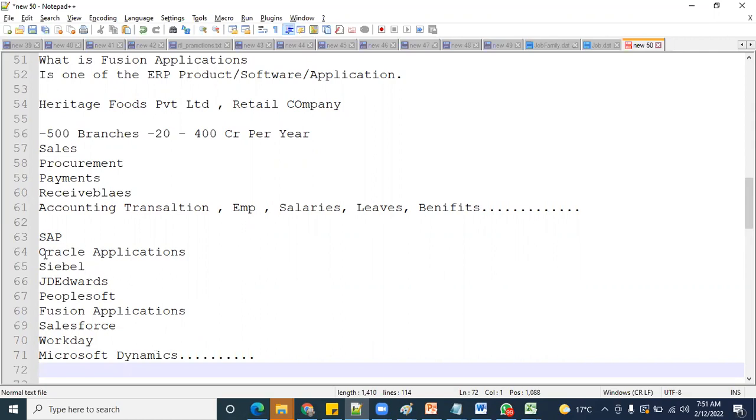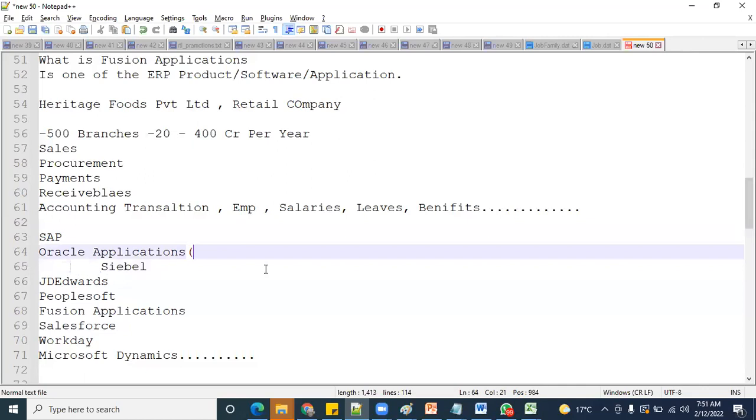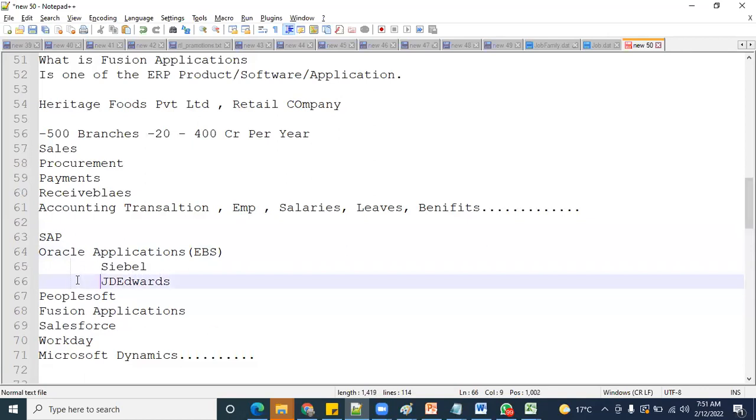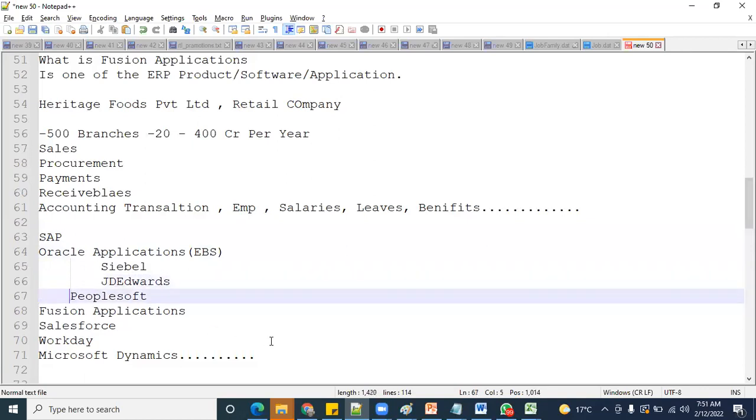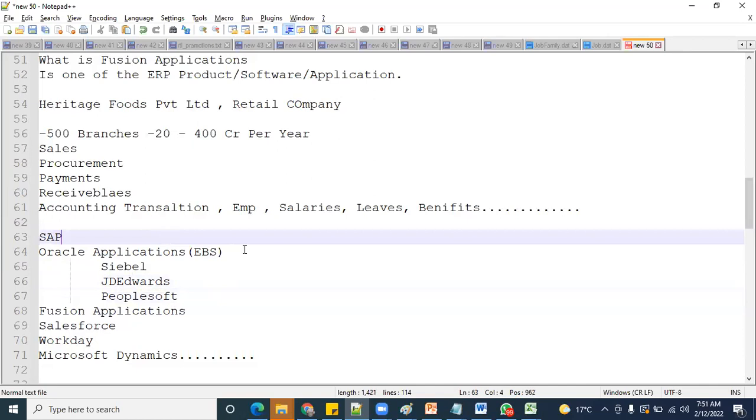So Oracle has multiple ERP products. One is Oracle Applications. We used to call it EBS, E-Business Suite, Oracle Applications. Another one is JD Edwards. Another one is PeopleSoft. SAP has been there since 1994.